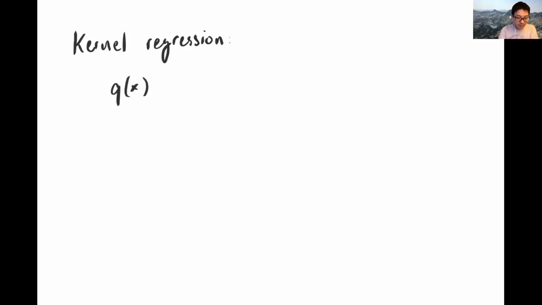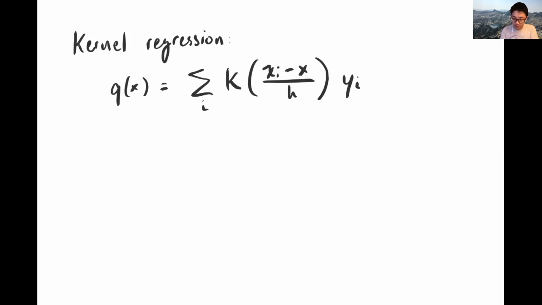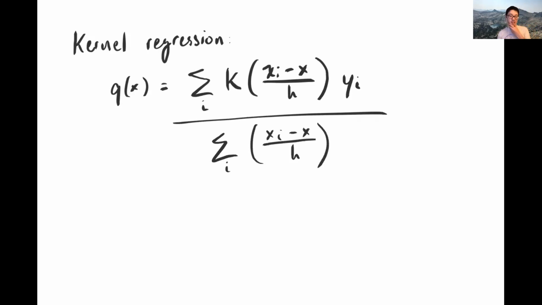So Q of x is equal to the sum of k of (xi - x) over h. This equation is more for your reference.